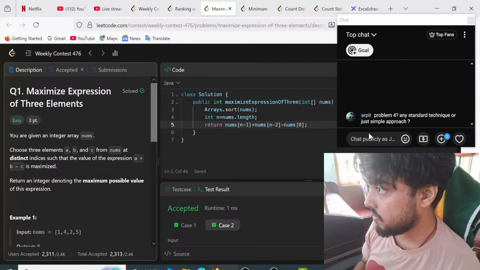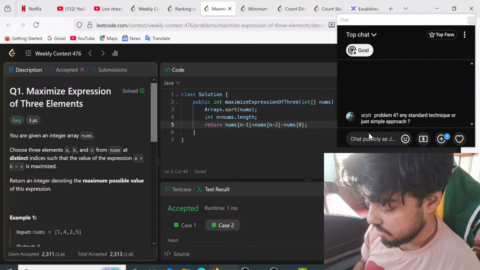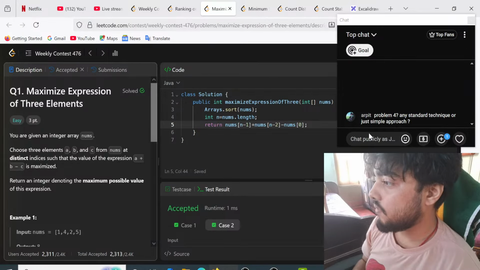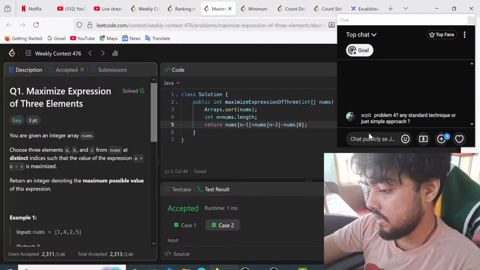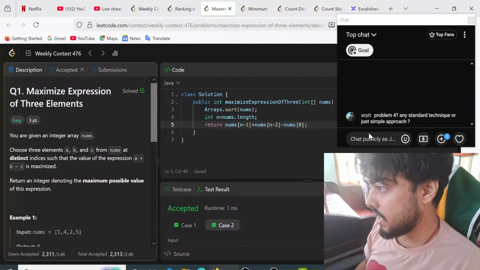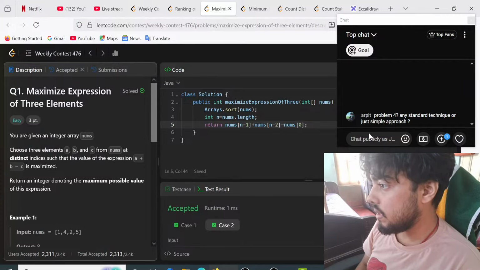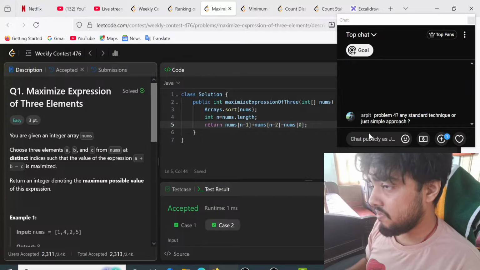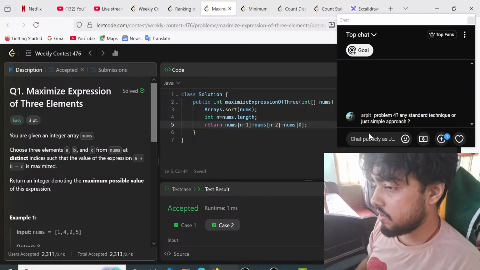Problem 4, any standard technique or just simple approach? Problem 4, you have to understand a little bit. A similar kind of question appeared a few weeks ago. I am seeing that people have made the solution using a Fenwick tree.